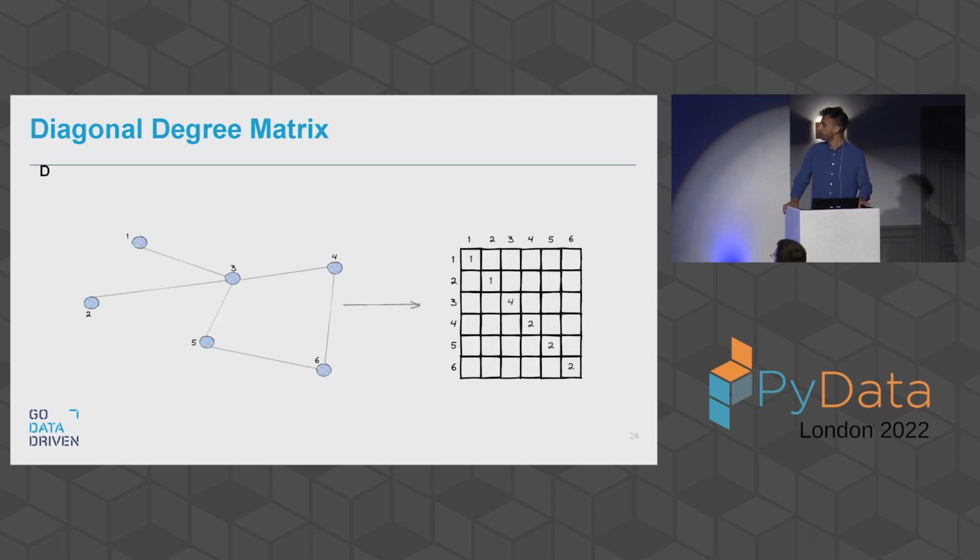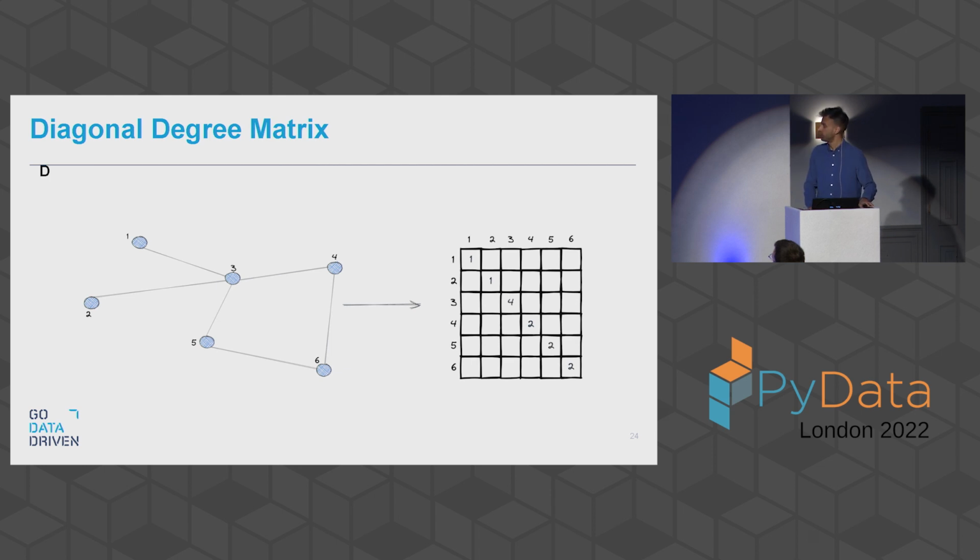There's also the diagonal matrix. So a value along the diagonal, and each value corresponds to how many edges are incident at that node. And these two define the architecture of our graph. So ignoring features for now, but just the architecture.